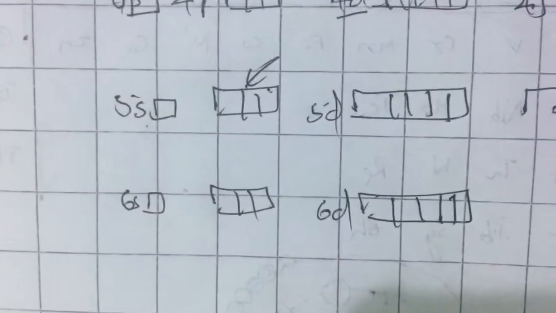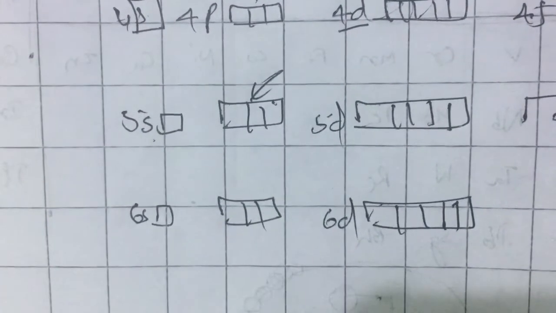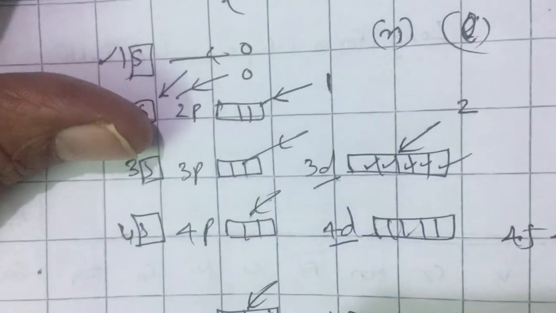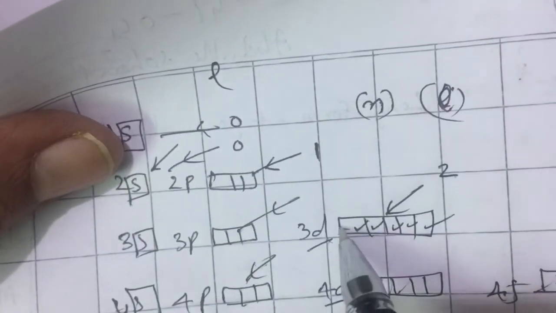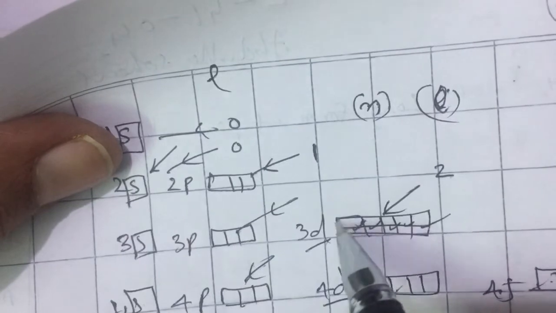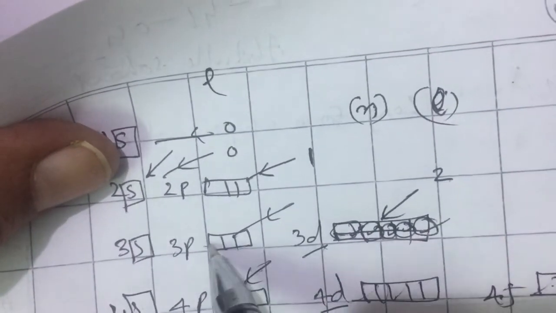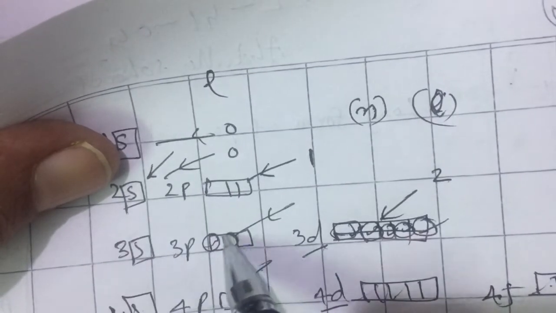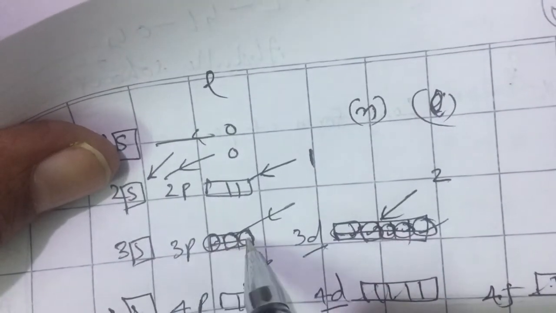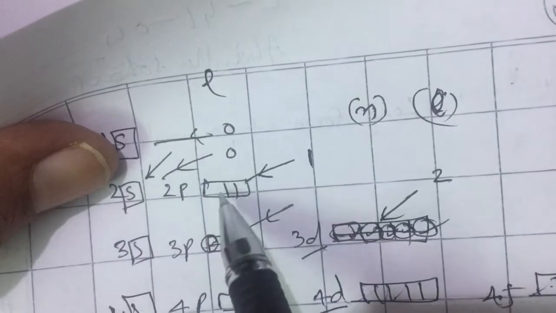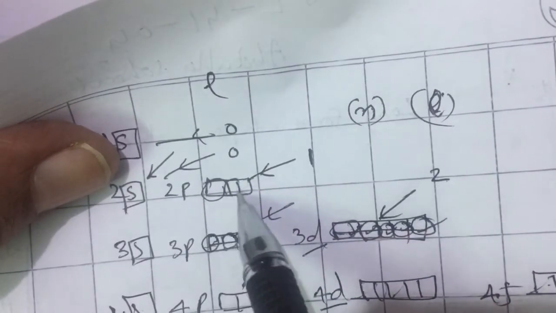Now, how to write the electronic arrangement in atoms? Before you write, you should remember all the 5 orbitals in the 3d set have essentially the same energy. I call them degenerate. All the p orbitals in level 3, say 3p, have the same energy. I call them degenerate. Similarly, in 2p, all the 3 have the same energy.